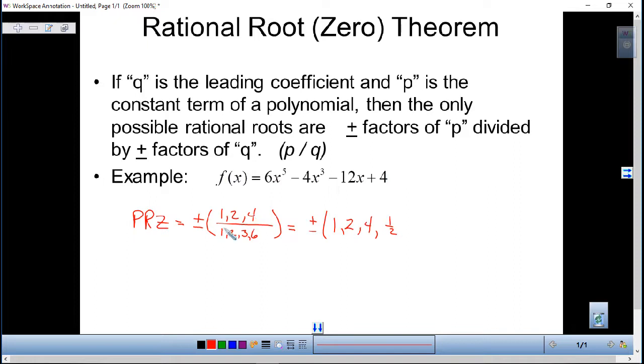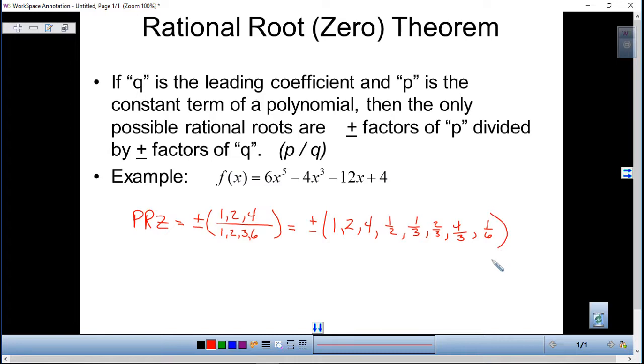Then you're going to have 1 over 3, 2 over 3, and 4 over 3. All right, so that's got all the top over 3. Now do all the top over 6. So you're going to have 1/6, 2/6, which is 1/3 I already have, and 4/6, which is 2/3 I already have.